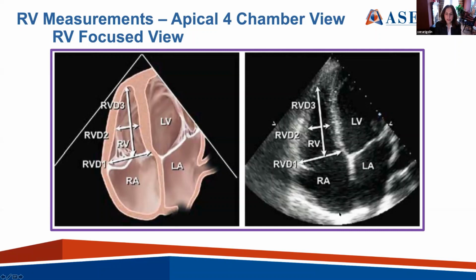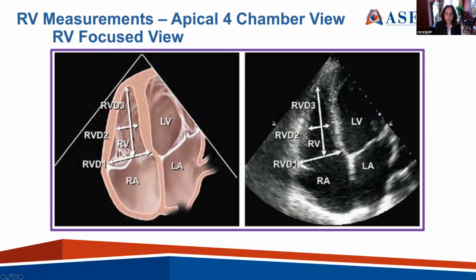It is tilted so that the right-sided chambers are in the center of the screen, and the left ventricle is off axis, so this is not an optimal view to look at your left-sided chambers. Similarly, in a standard apical 4-chamber view where the left ventricle is more in the center of the screen, that is not an optimal view to measure the right-sided chambers. So you need to tilt the transducer so that we have this nice view of the right-sided chambers in the center of our screen.